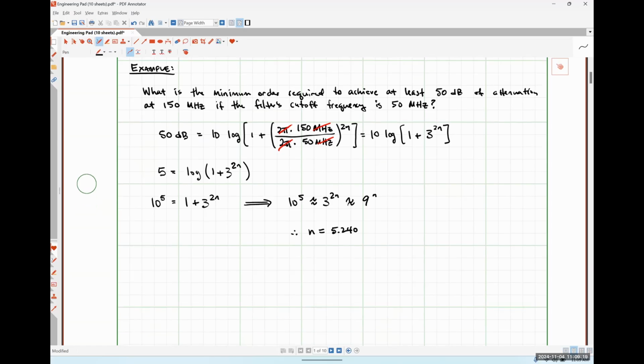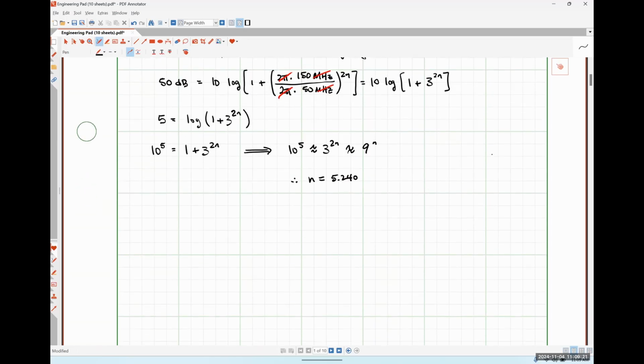So let's take this and design a 6th order Butterworth filter. I don't know why I put example number 6 there. That's not right.